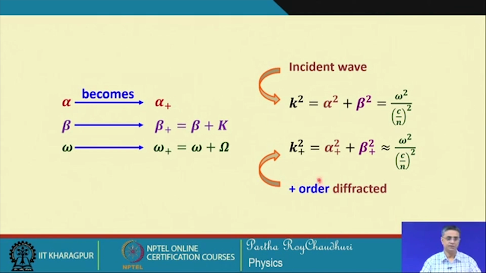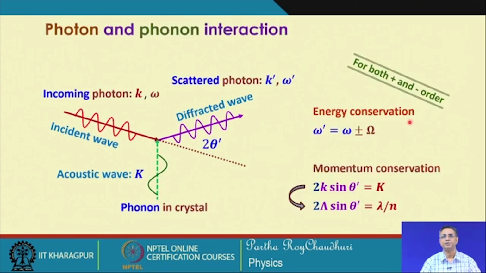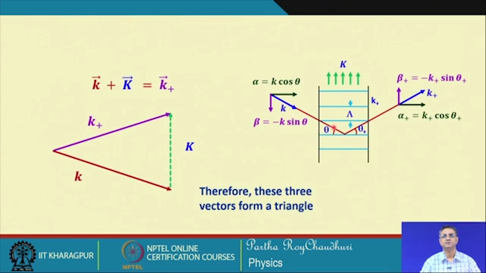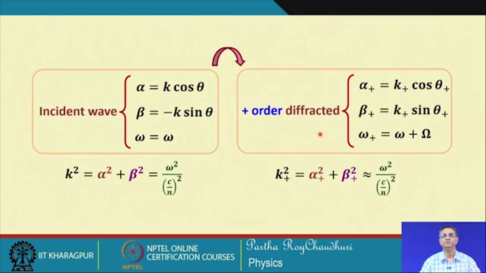That is a very beautiful consequence. Therefore, alpha becomes k cosine theta, beta is minus k sin theta. Here beta has become beta plus, this we have seen pictorially, and then we have this relation that k squared is also equal to k plus squared. You can see these two are equal.